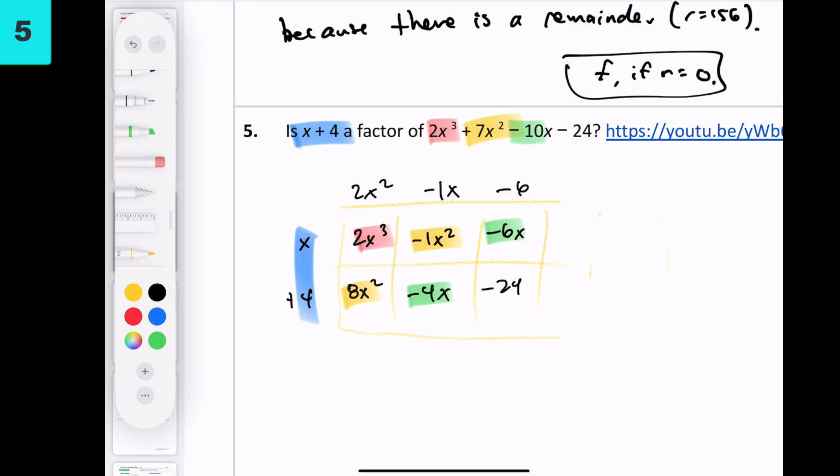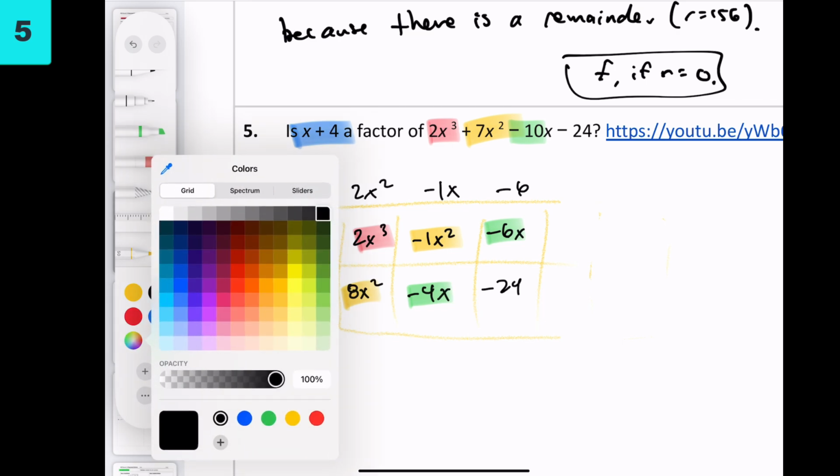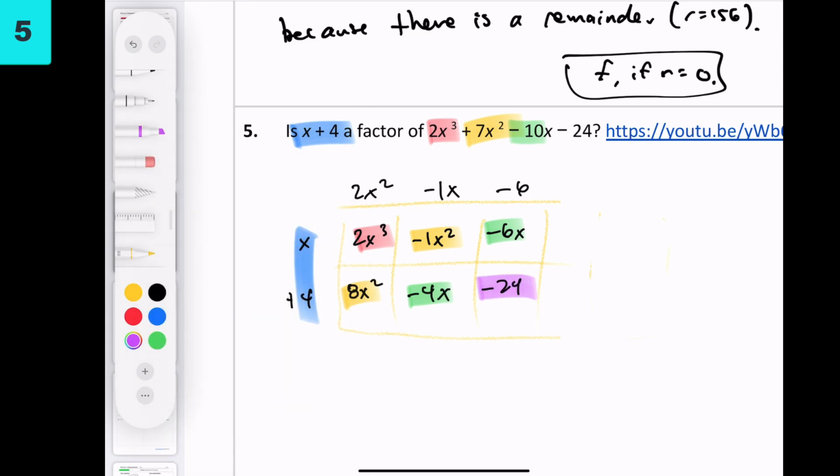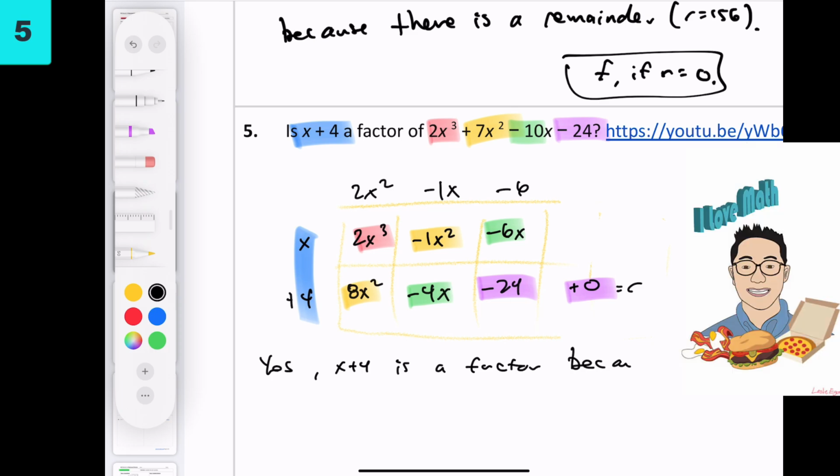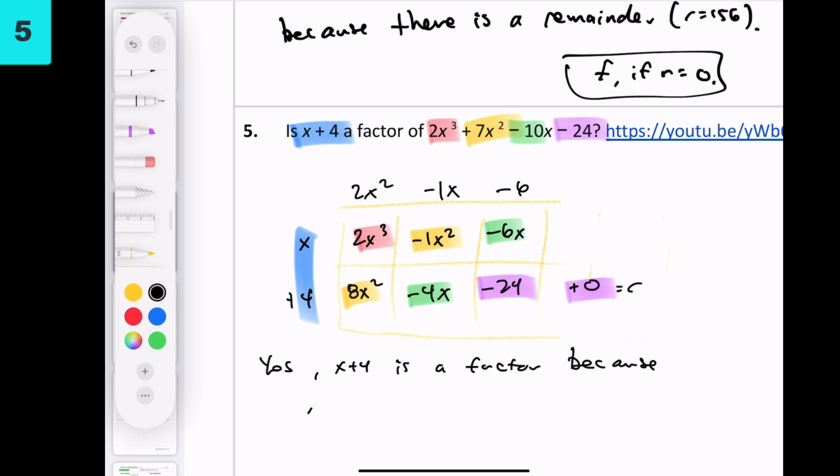Okay, so that means negative 24 plus something equals negative 24. That means this would be plus 0. Yes, x plus 4 is a factor because r is equal to 0.